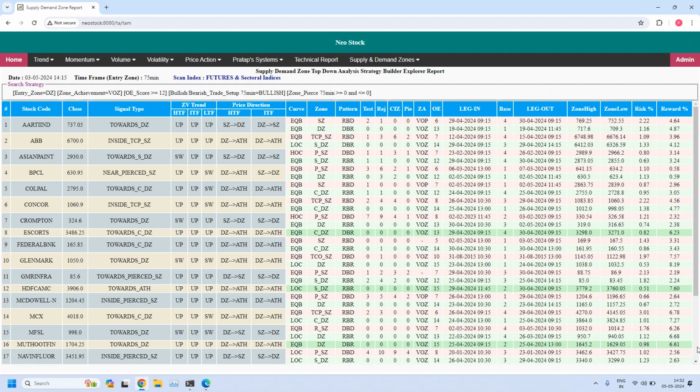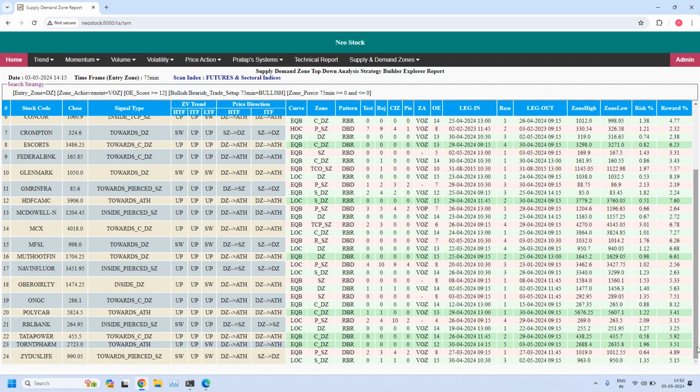So let me scroll down. So total 24 stocks are supporting bullish trade setup for weekly income trade.